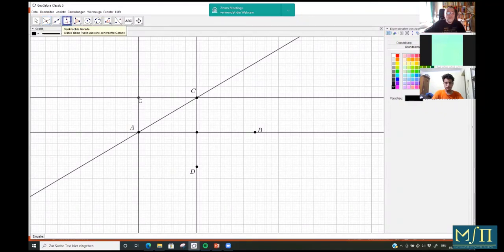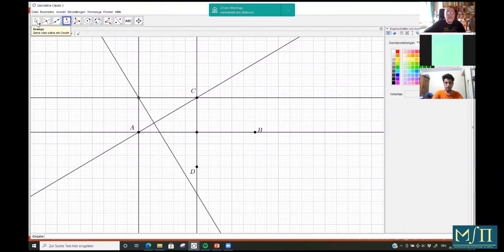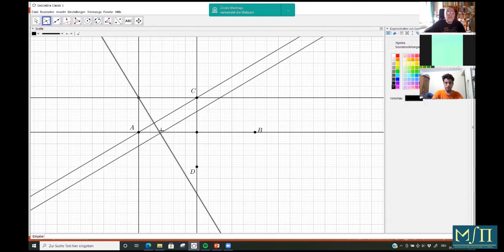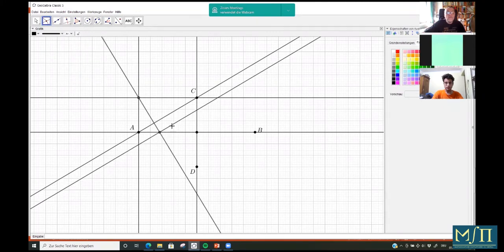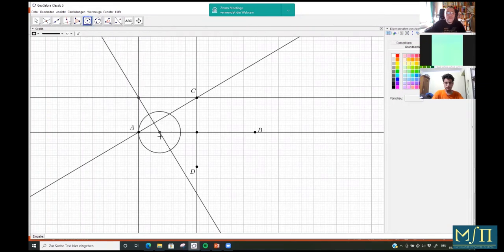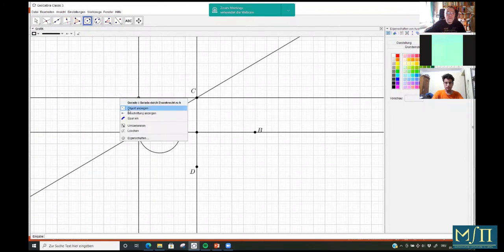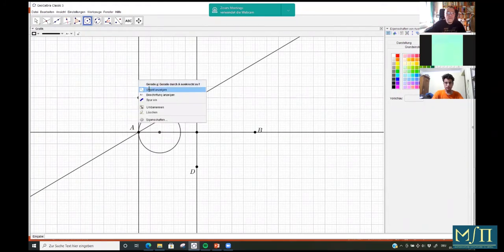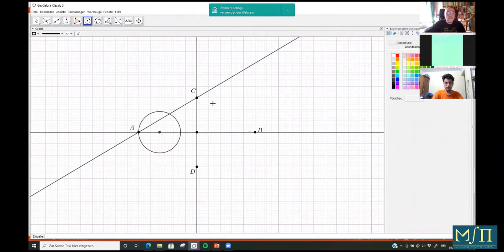So drawing the line perpendicular gives us this, and that means that this point here is the midpoint of the circle that we need. This is now the circle. We'll just eliminate all of this other stuff. We don't need this. Don't need any of this.